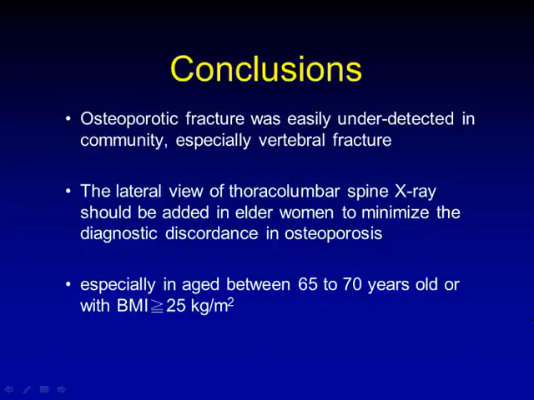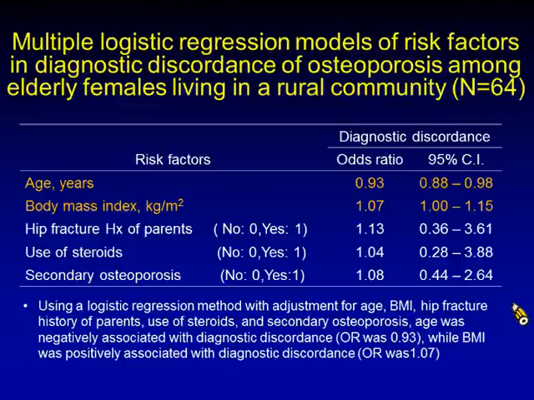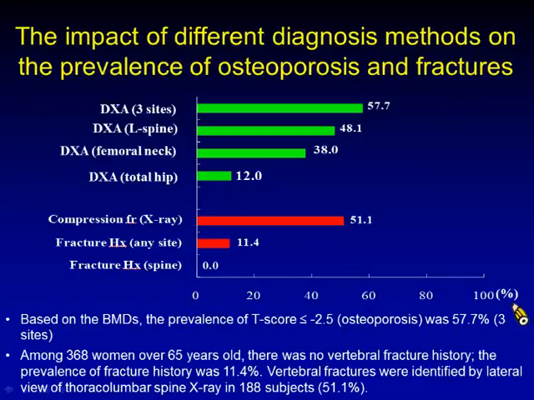Further exploring the threshold of age and BMI to detect diagnostic discordance, it showed that the diagnostic discordance increased dramatically in age less than 70 years old and BMI above 25 kilograms per square meter.